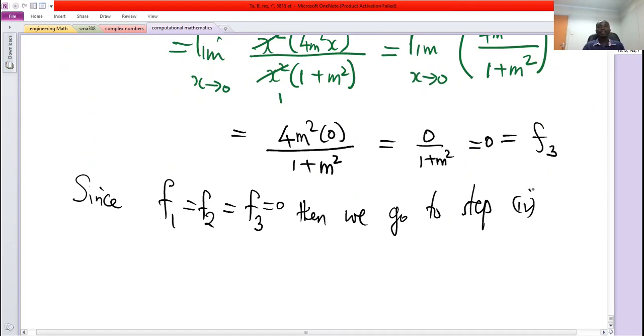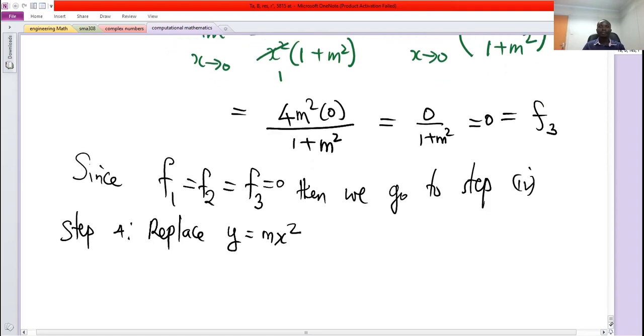Which is the last step. And step 4 says replace y with mx squared. So we approach the point (0, 0) through the parabola y equals mx squared.